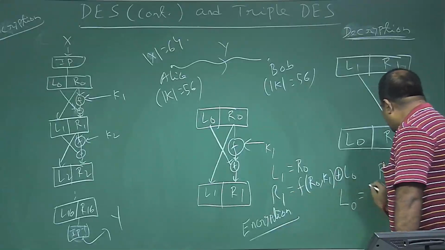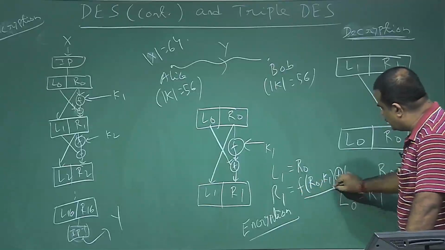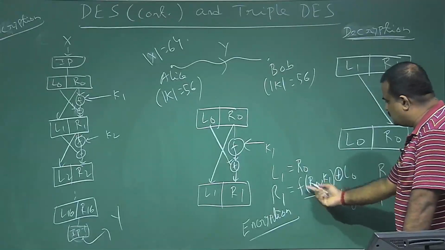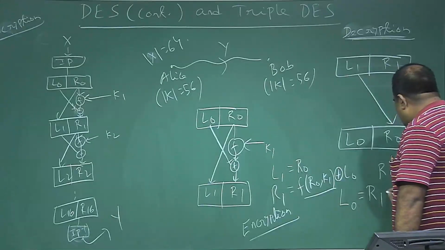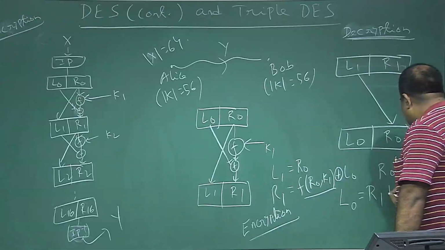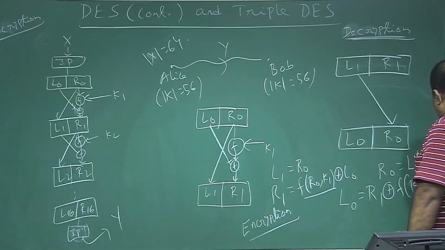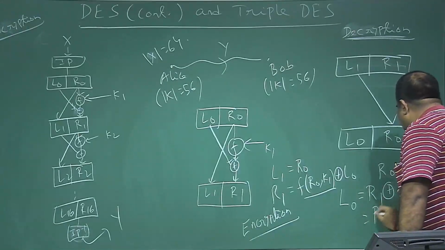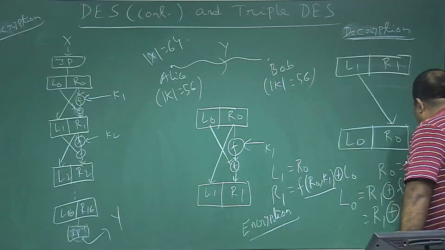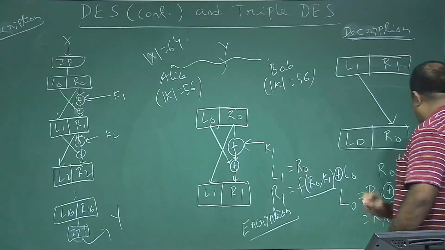L0 is basically R1. If we XOR both sides with F of this quantity, then the two XOR terms will cancel out. So basically we have R1 XOR with F of R0, K1. What is R0? R0 is nothing but L1. So this is basically R1 XOR with f of L1, K1, that is it.